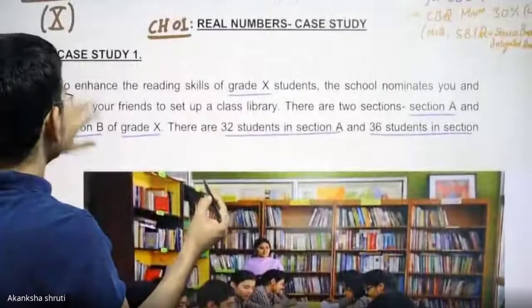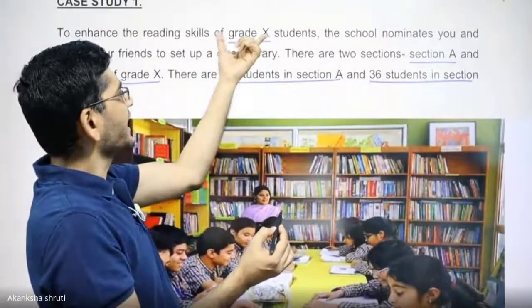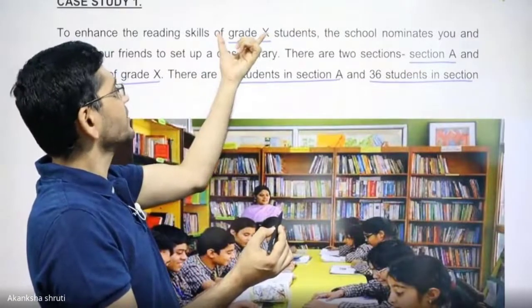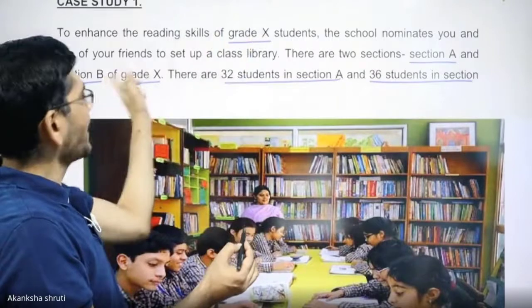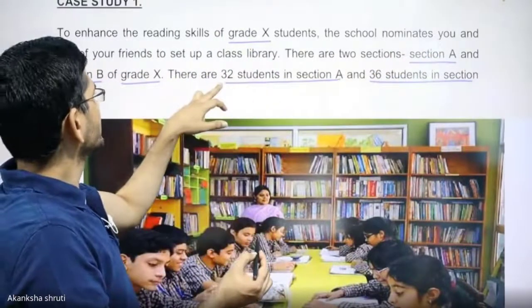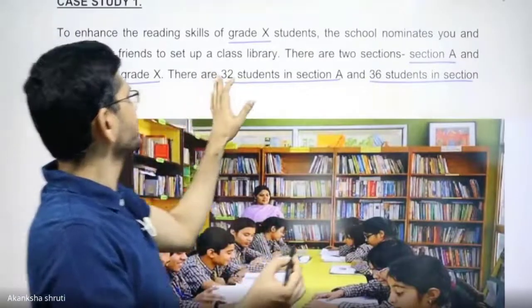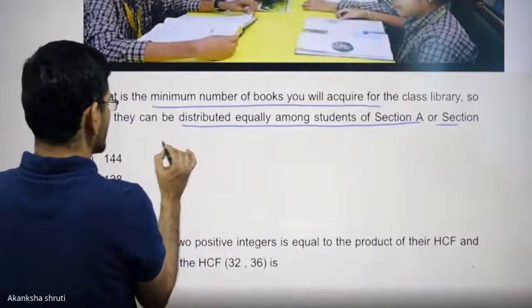Students, in this case study, a library is set up for grade X, or class or standard X, but that grade has 2 sections, section A and section B. The 2 sections have 32 and 36 students respectively. So this situation can be understood like this.